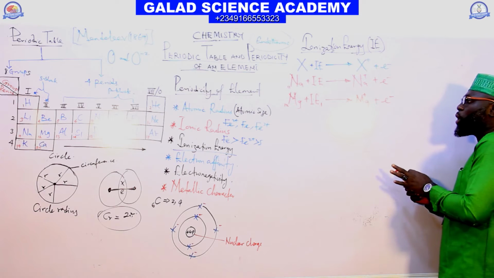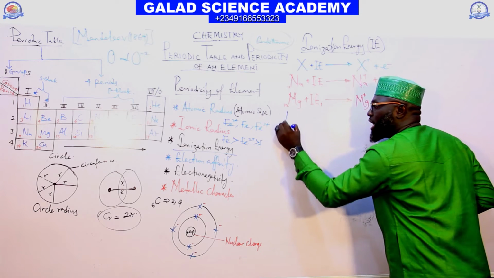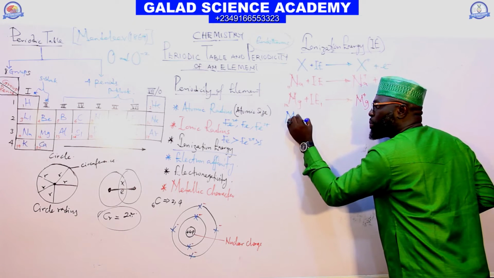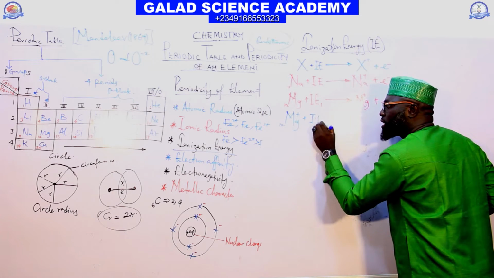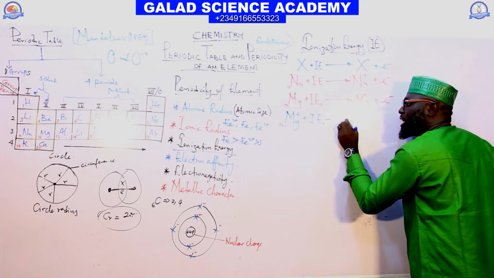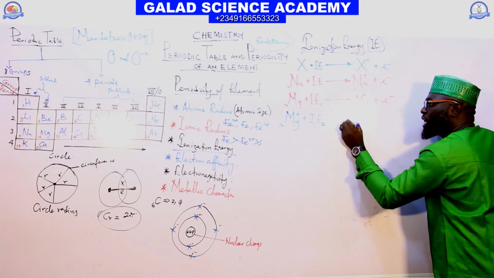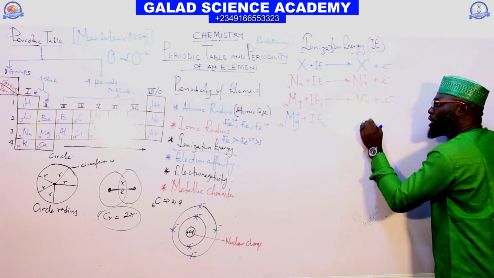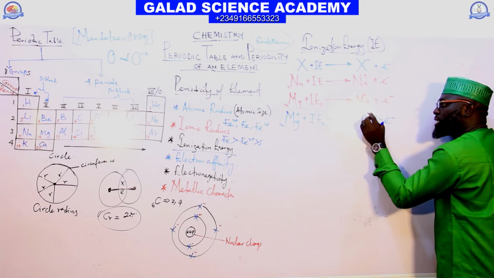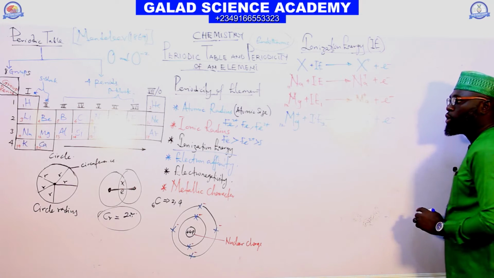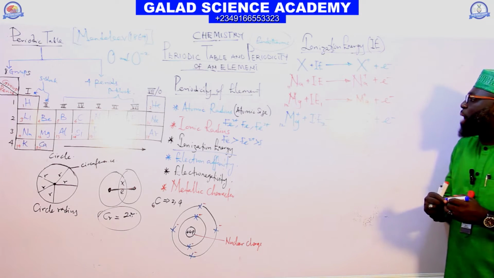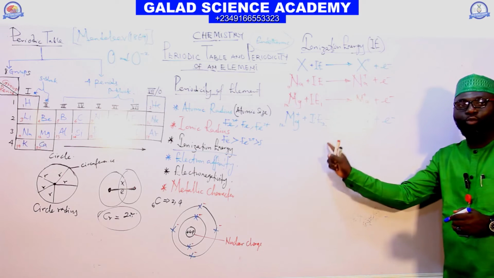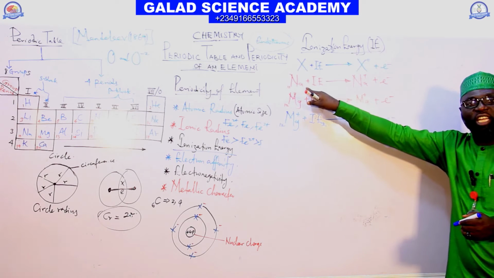So you will now take this magnesium ion Mg plus again, plus second ionization energy to give you Mg 2 plus. So in magnesium, we have 2 ionization energies.